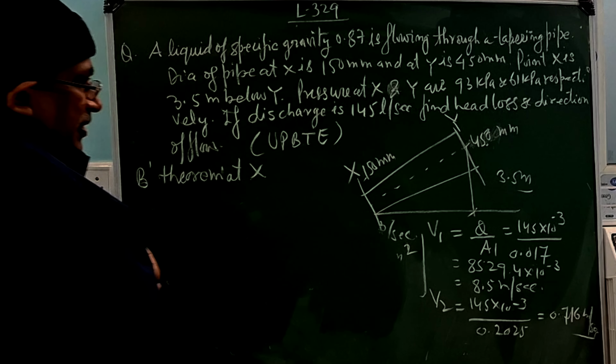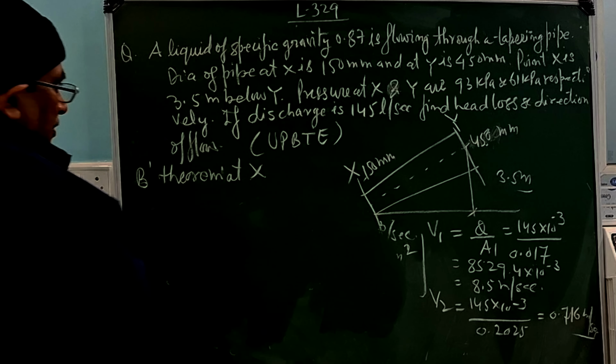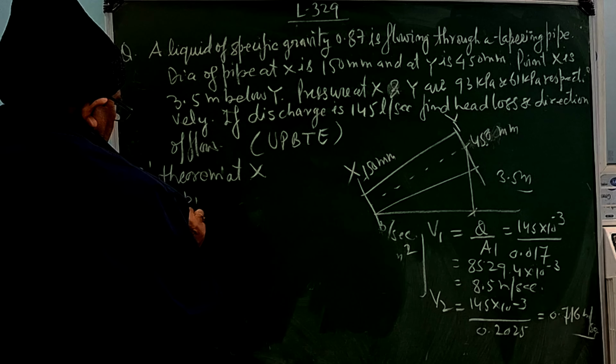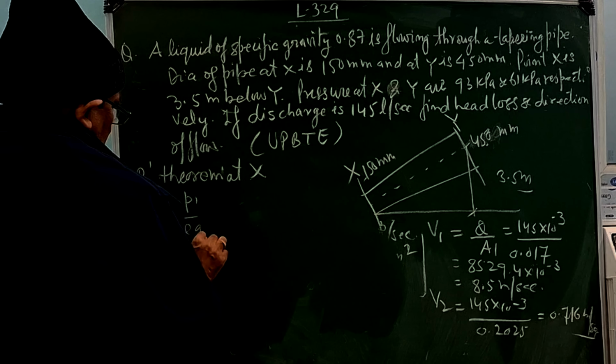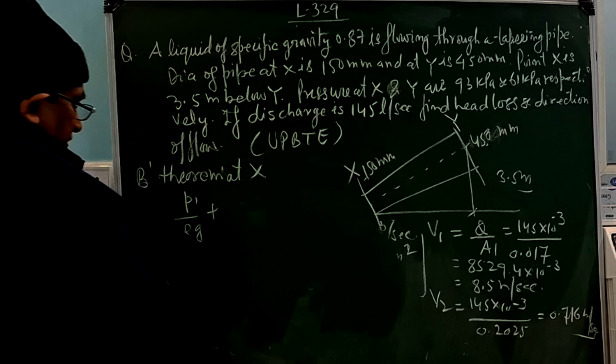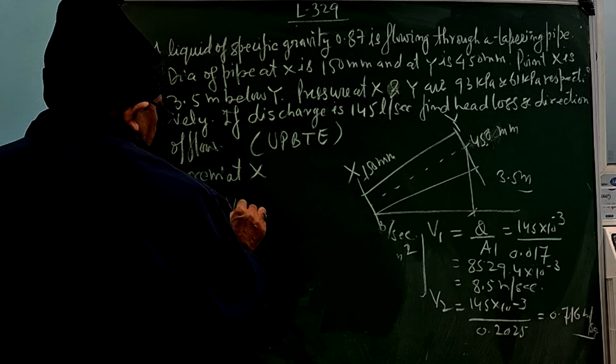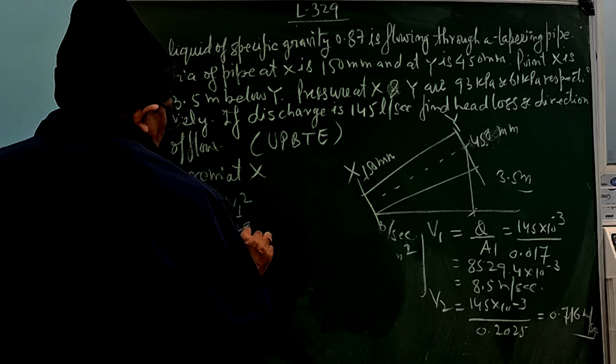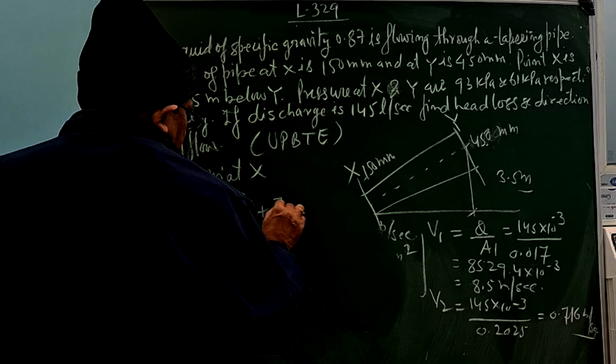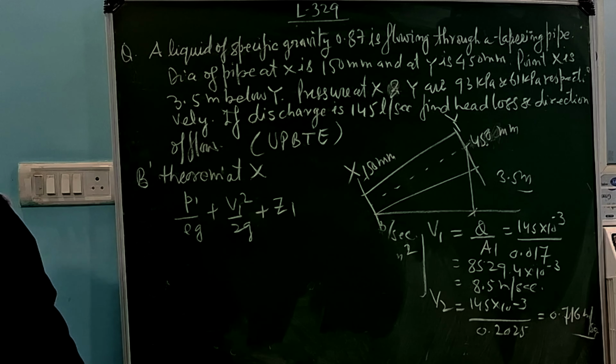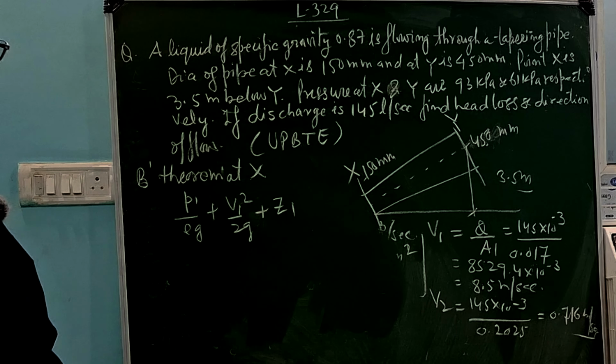So what will be the Bernoulli theorem at x? P1 by rho g plus V1 square upon 2g plus Z1. This is your formula. What is P1?